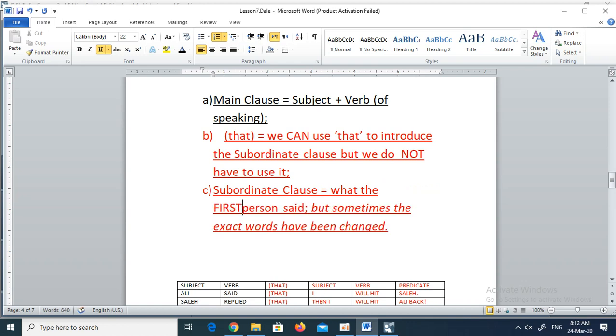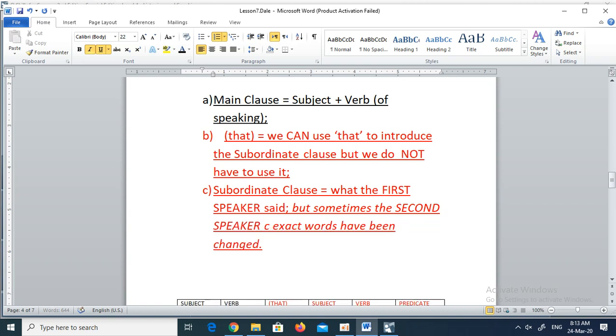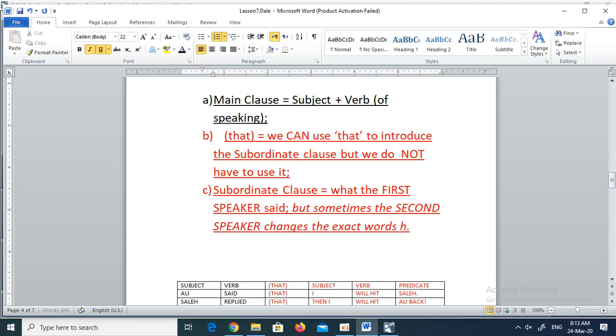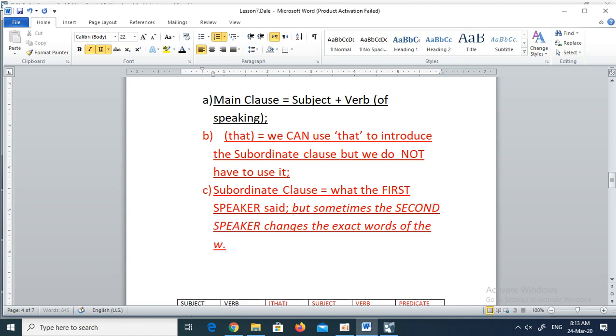So the subordinate clause tells us what the first speaker said, but sometimes the second speaker changes the exact words of the first speaker.